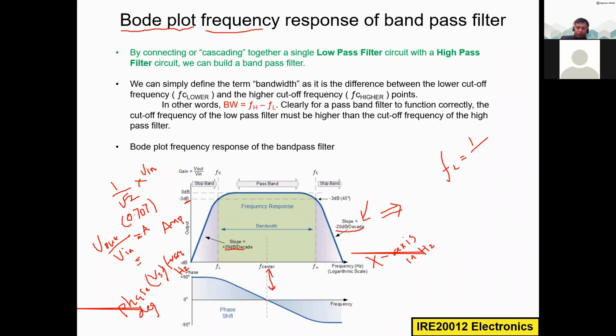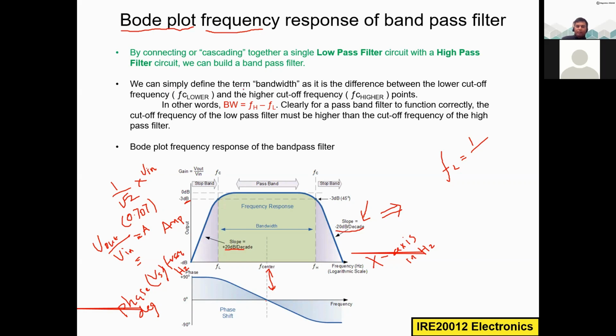Then the phase goes in the opposite direction and rises to another minus 90 degrees. This is how the band pass filter is working. So by default you can say that at the center of the cutoff frequencies, the phase will go to 0.